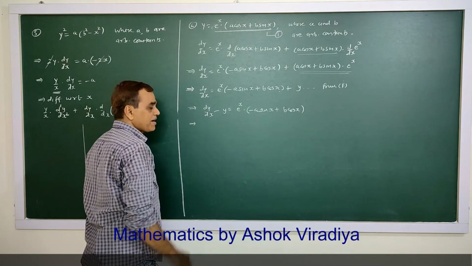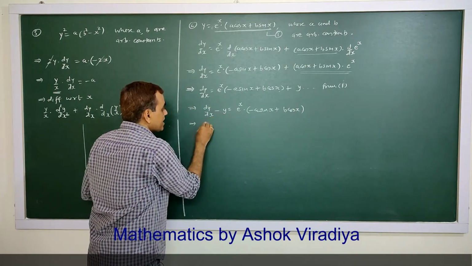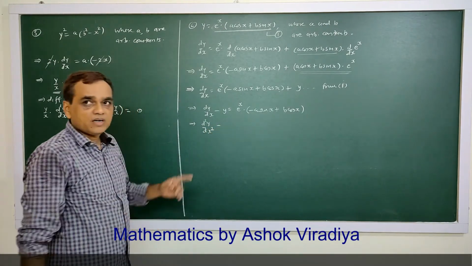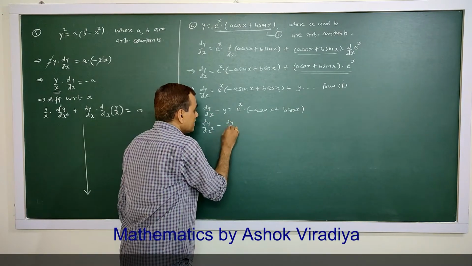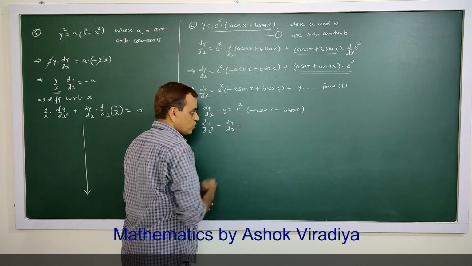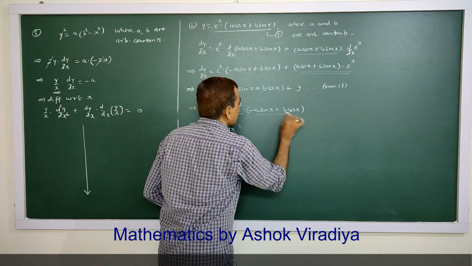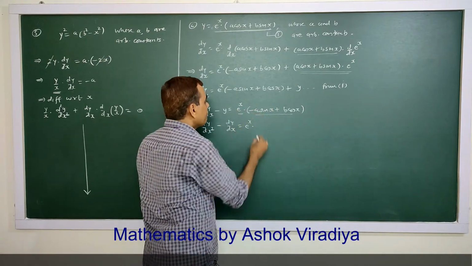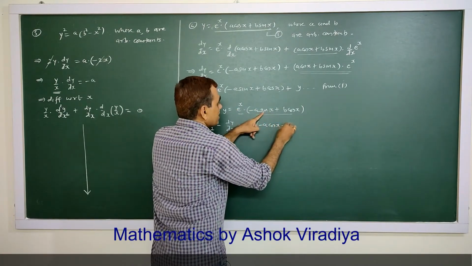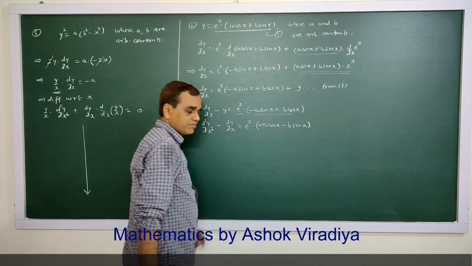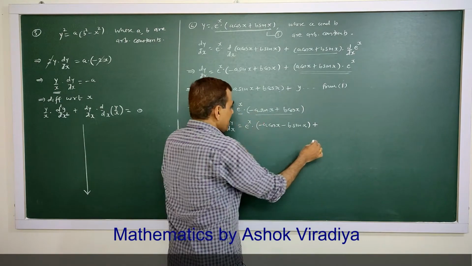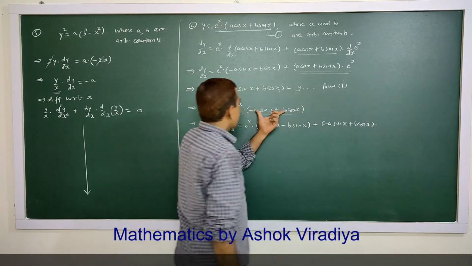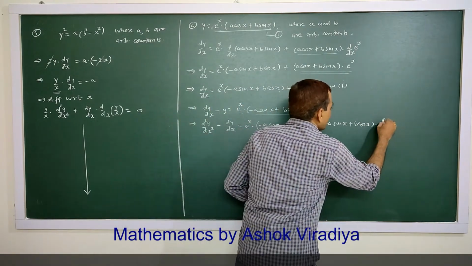Again differentiating with respect to x, derivative of dy by dx is d square y by dx square minus derivative of y is dy by dx equal to, here u into v, u as it is, derivative of v is minus a cos x minus b sin x plus v as it is, and derivative of u is e raised to x.